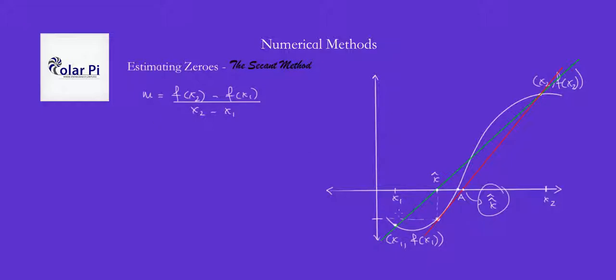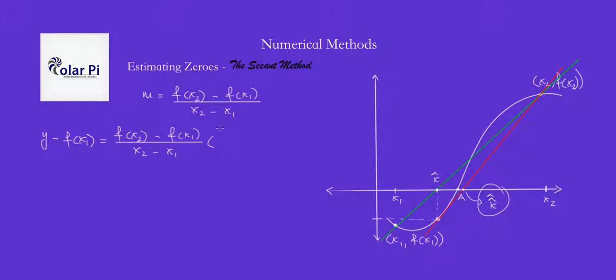Anyway, we've got the slope of that first secant line, and so we need a point, and let's use the point x1 comma f of x1. And so using the point and the slope, we can write the equation of that secant line in point slope form. And that equation is, y minus f of x1 is equal to m, the slope we already calculated, times x minus x1.